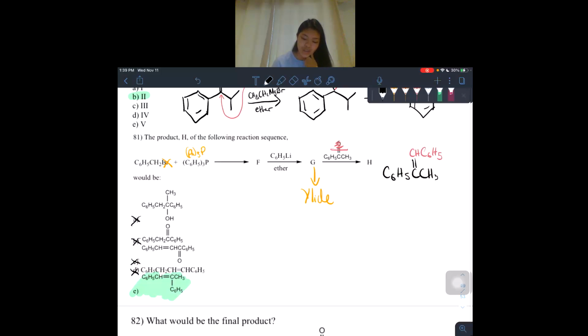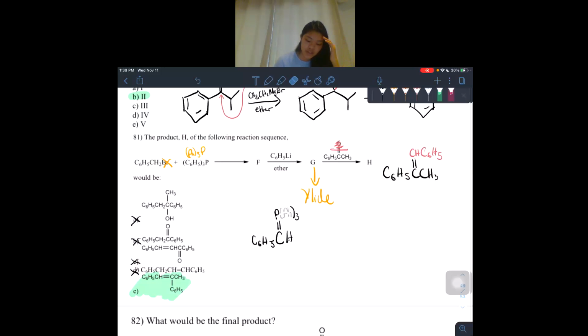Okay. So if I were to draw our ylid, here's our C6H5, and then the ylid is going to be forming here, with the PPh3. Notice how one hydrogen got taken away, because what does this guy do? It takes away a hydrogen.